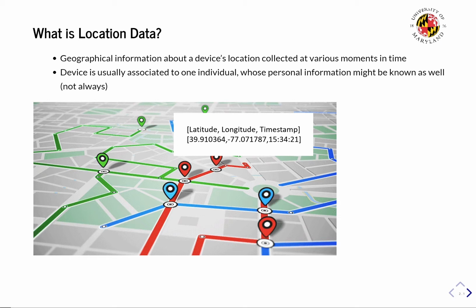Usually, the local time zone is considered as default. A device is usually associated with one individual whose location is being tracked, and that individual's personal information, like demographics, for example, his age or gender or other attributes, may or may not be known along with the location data.